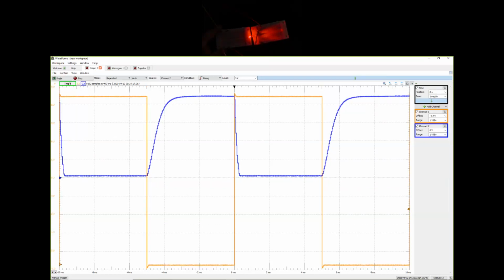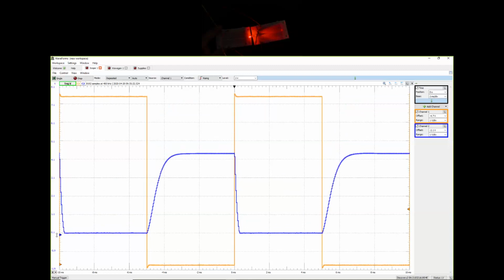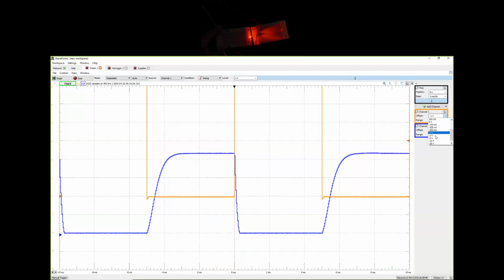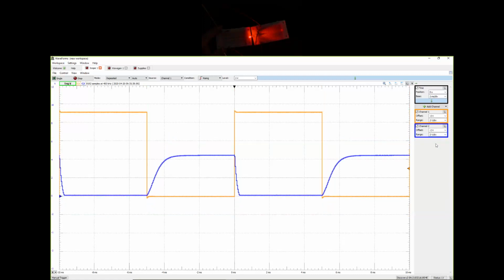And on the blue one, let's say 1 volt is fine. Offset, I can make offset -2 and -2. Perhaps range should be set to 2 volts per division. So now they are both consistent.